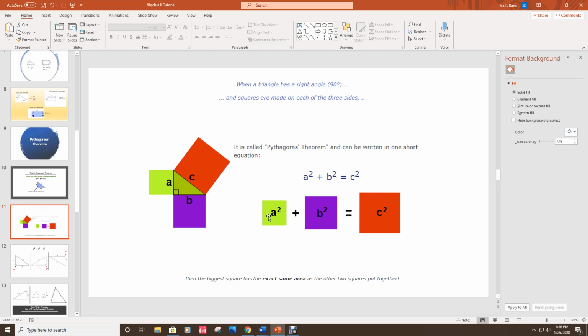So the area of this green square plus the area of this purple square will equal the area of that red square up here.